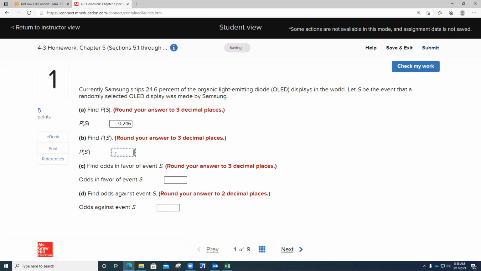To find the complement, the probability of S complement just equals 1 minus the probability of the event you're looking for, in this case S. So we do 1 minus 0.246. Grab a calculator, and I get 0.754.